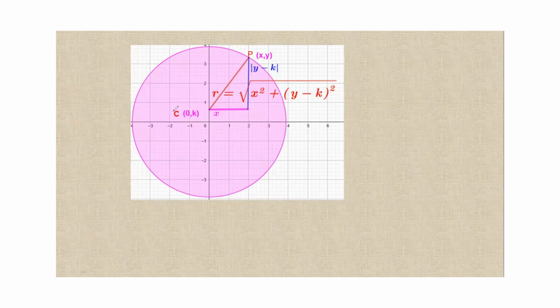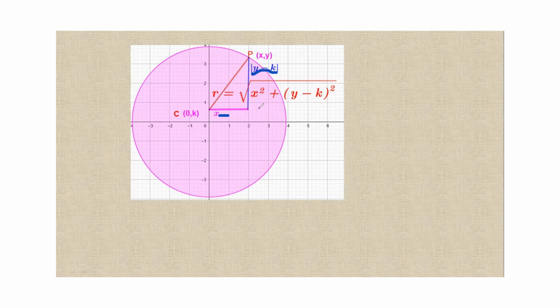This is a circle on the y-axis. The value of h is 0 and the center is on the y-axis. This is a point on the circle. The distance between the center and the point on the circle equals the radius. Using the Pythagoras theorem or distance formula, here is a vertical line, y minus k, and here is a horizontal line, x.